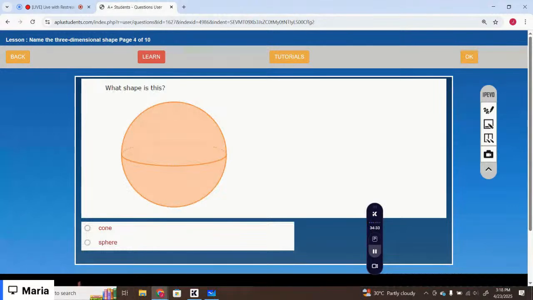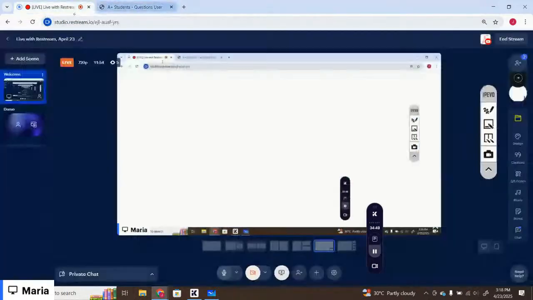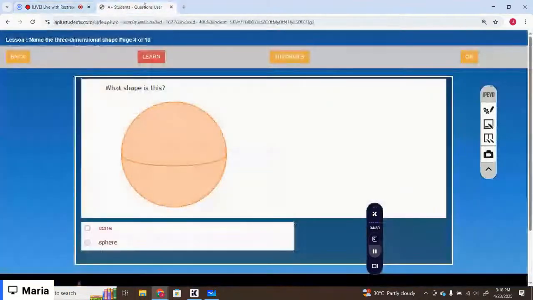What shape is this? Cone or sphere? Okay, the shape exactly looks like a ball. Yeah, it looks like a ball. So that is a sphere.